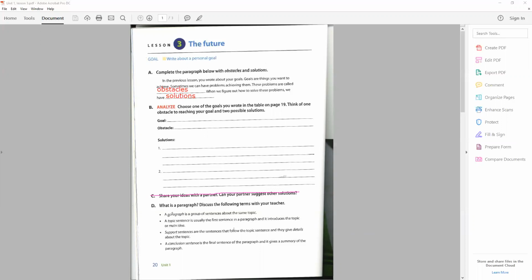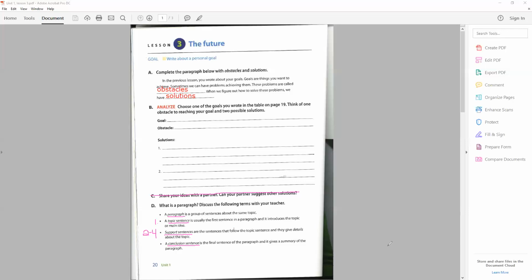Okay, so the words we learned today, we have paragraph, we have topic sentence, support sentences, and we have conclusion sentence. Okay, so typically when you look at a paragraph, you have one topic sentence, you have one concluding sentence, and you have two to three support sentences.